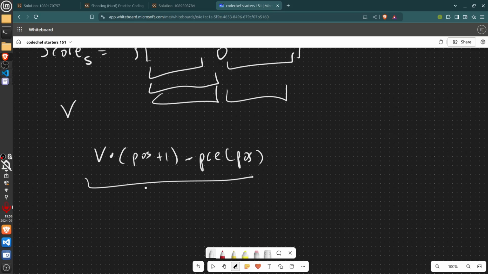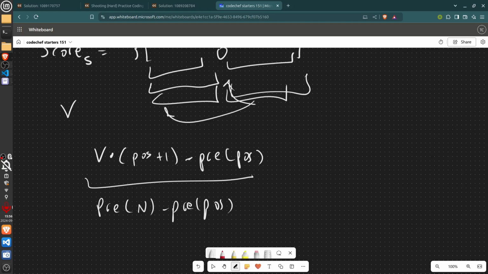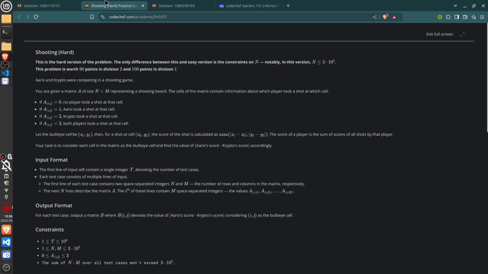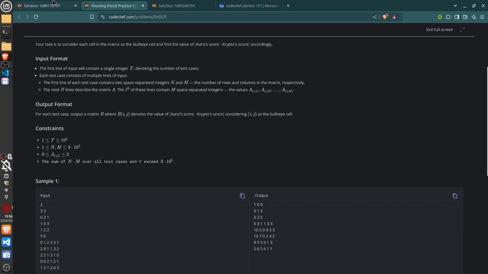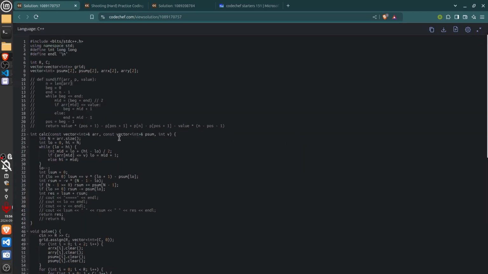To calculate the suffix distance, you take the total sum minus the prefix sum at pos, and that gives you the total distance from over here, but now you need it from the other side. So you need to do minus (n minus pos) times v, something like that. Roughly something like this.